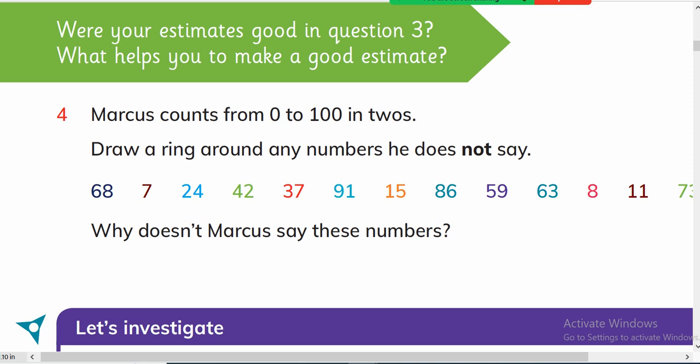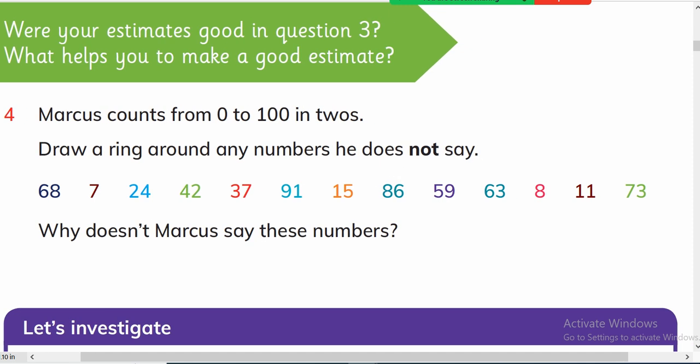Marcus counts from 0 to 100 in twos. Draw a ring around any number he does not say. So he said the counting in twos, but they didn't tell us whether it was odd numbers or even numbers. When they specify this, then we have to exactly follow what they said.